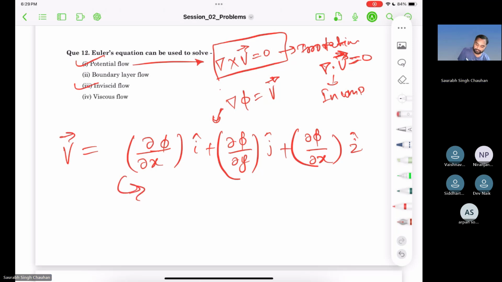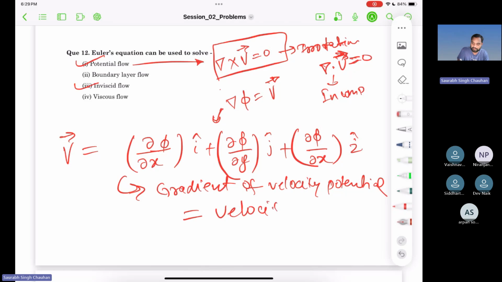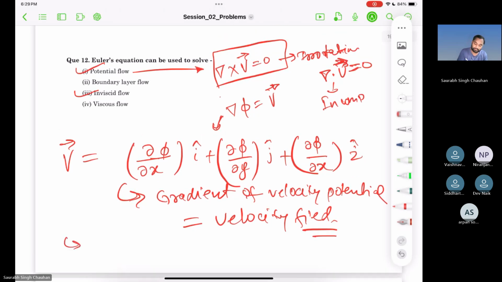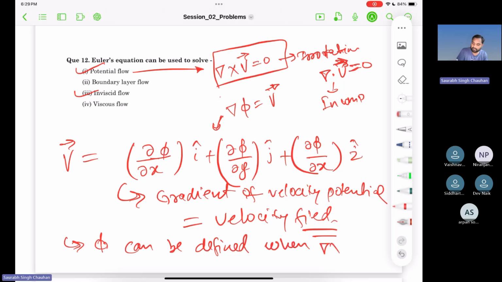Okay, so this is called the gradient. So the gradient of the velocity potential is equal to the velocity field. Phi can be defined when the curl is 0, or the flow is irrotational.